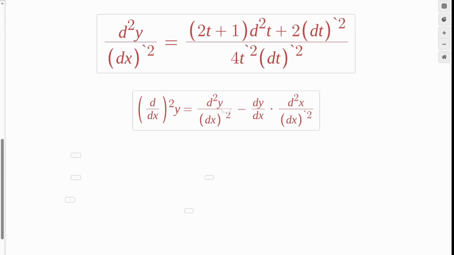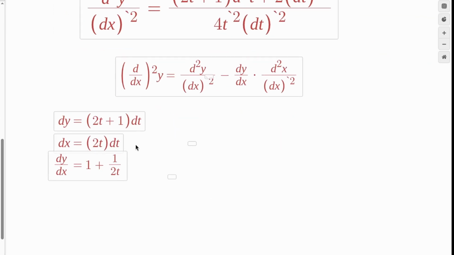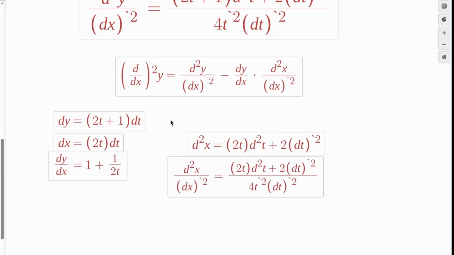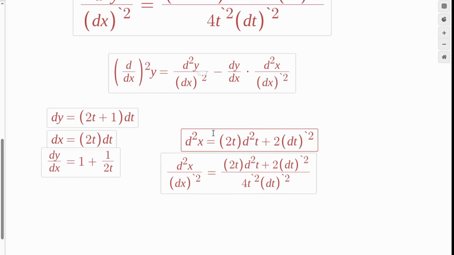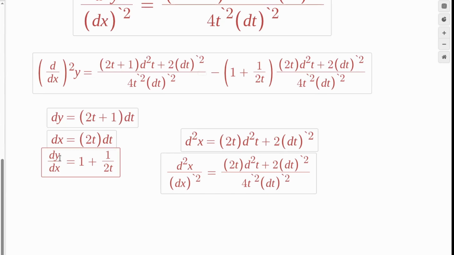Go back to the equations we derived earlier, and take the double derivative of x, remember the product rule, and then just divide it by dx squared. So you get this, and plug that into your function. We have this behemoth as the second derivative of y.